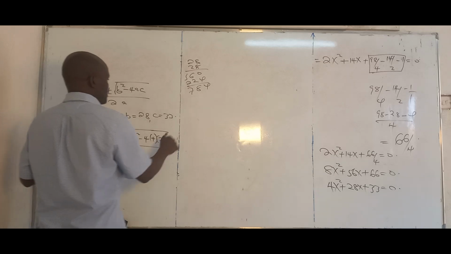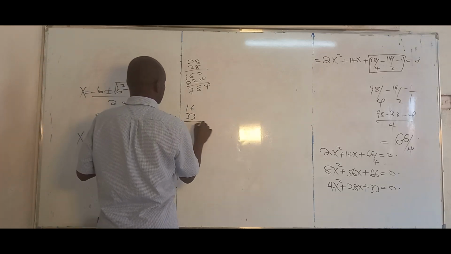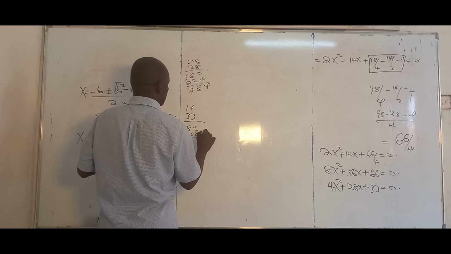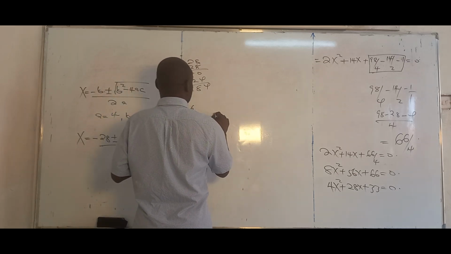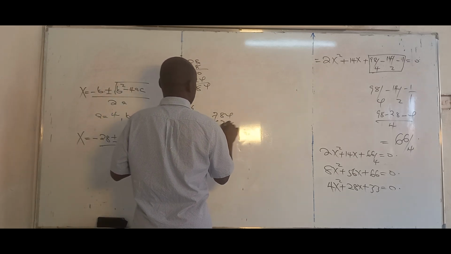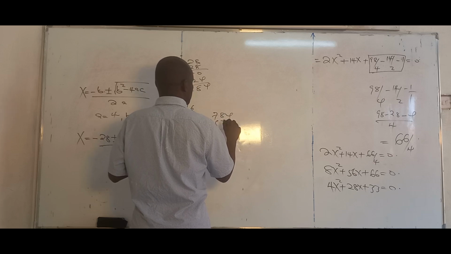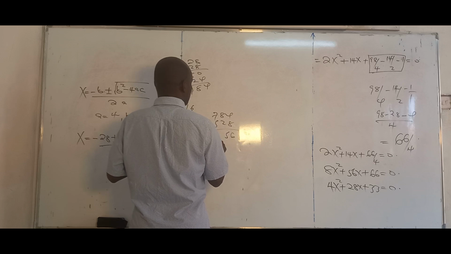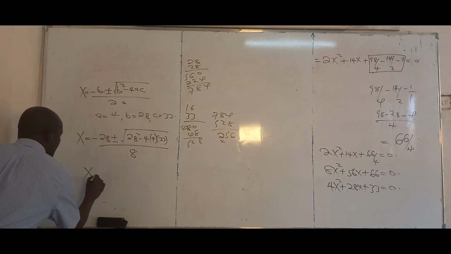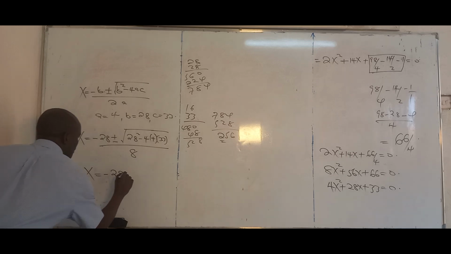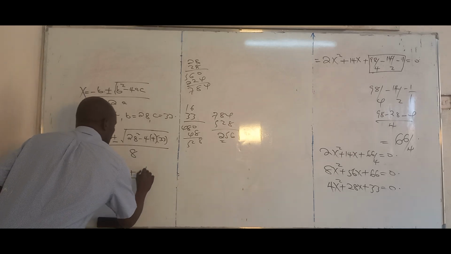Then minus 16 times 33, which is 528. So 784 minus 528, what do you get? That is 256. So we get here x is equal to minus 28 plus or minus root of 256.